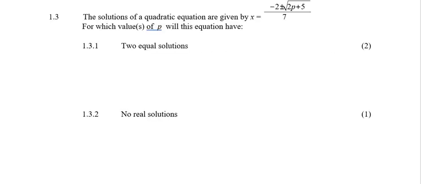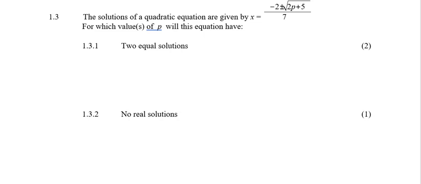1.3, the solutions of a quadratic equation are given by x equals minus 2 plus or minus the square root of 2p plus 5, all divided by 7. Now for which values of p will this equation have two equal solutions?